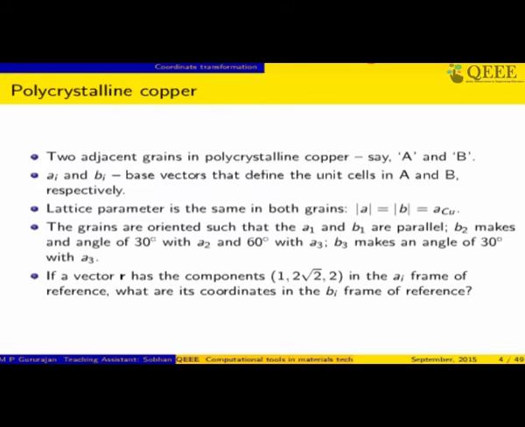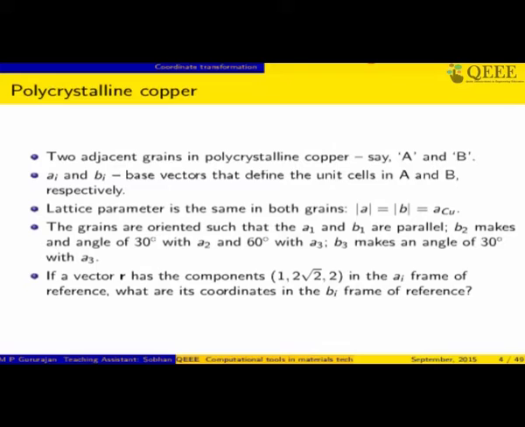Let us consider any material. An example I have taken here is polycrystalline copper. Polycrystalline because we know that crystals, like metals such as copper or gold, have a crystal structure, and the crystal structure is defined by the unit cell.